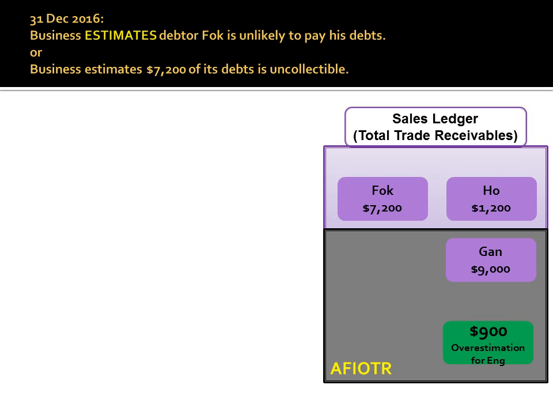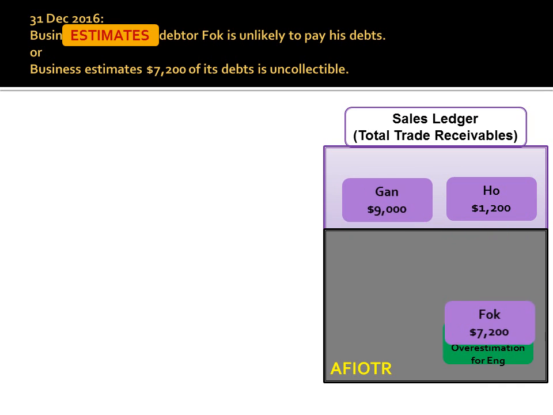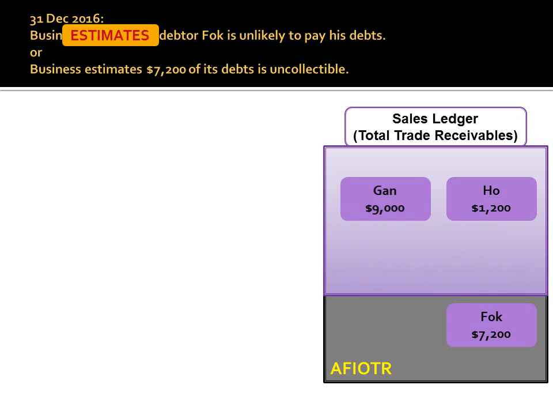Let's look at the animation to show the adjustment to be made at the end of the year. We can see that now the allowance for impairment of trade receivable account has decreased.